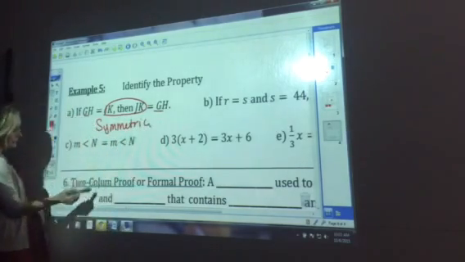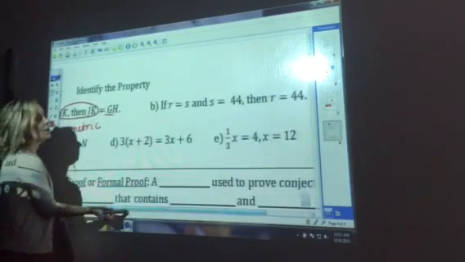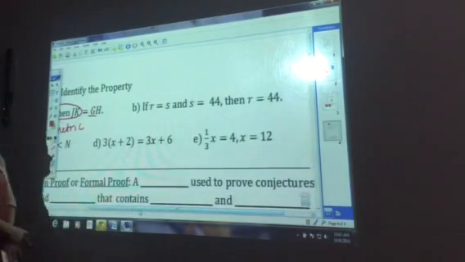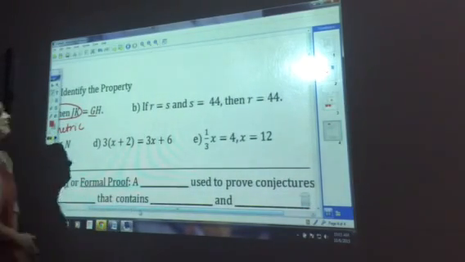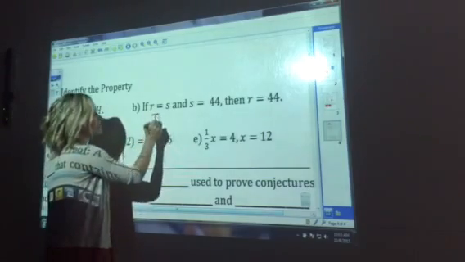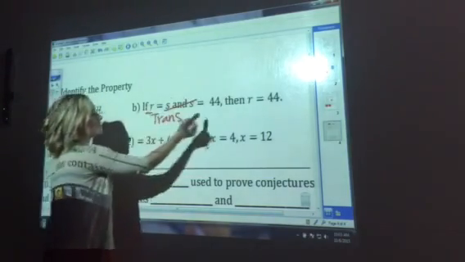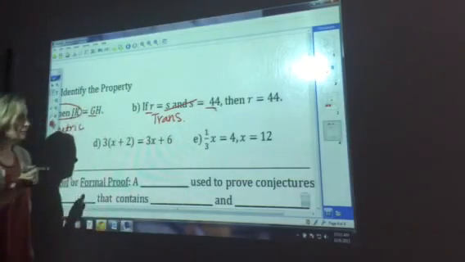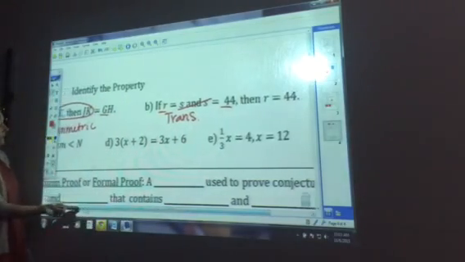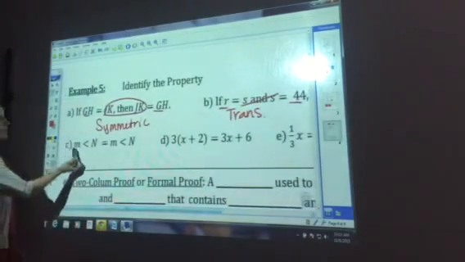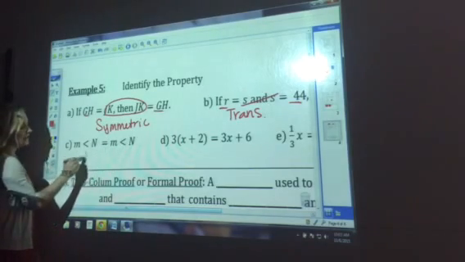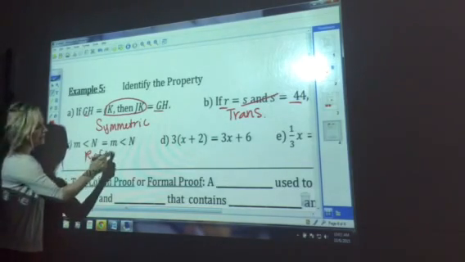Okay. B says if R is equal to S and S equals 44, then R is equal to 44. So transitive would actually be this one right here. If I cut out the middleman and write my first and last term, that would be transitive property. Okay. Right here, if the measure of angle N equals the measure of angle N, that is the reflexive property.